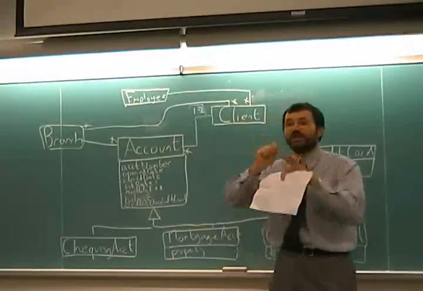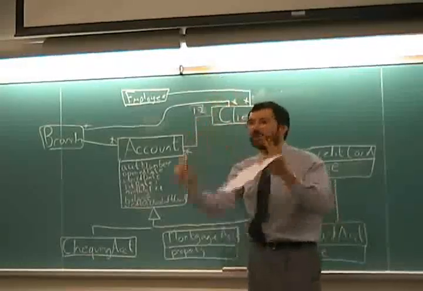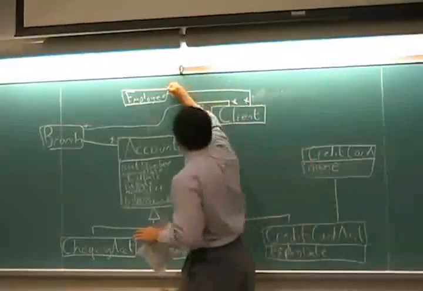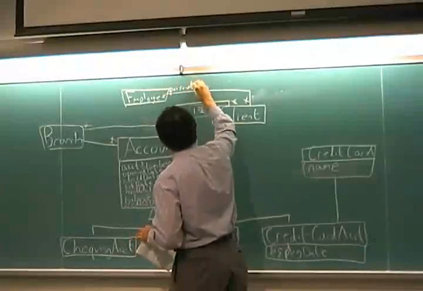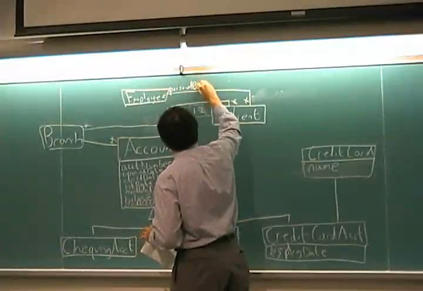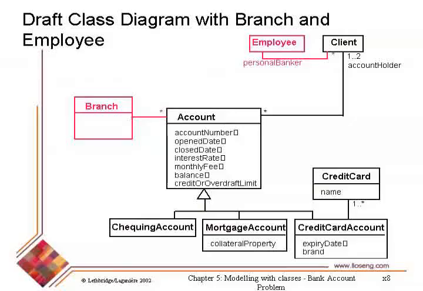You come to a piece of information, you write it down. If you don't read the association every time you change it, you end up making mistakes. Personal banker is here on the employee end. So a client has an employee as a personal banker. A personal banker can be the personal banker of several clients. All right, so that's a reasonable thing to do.